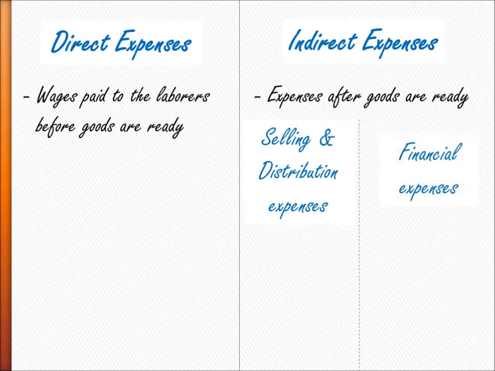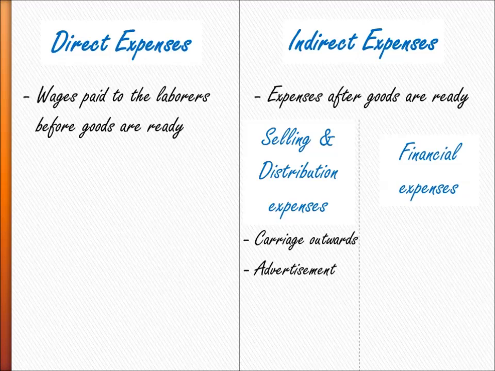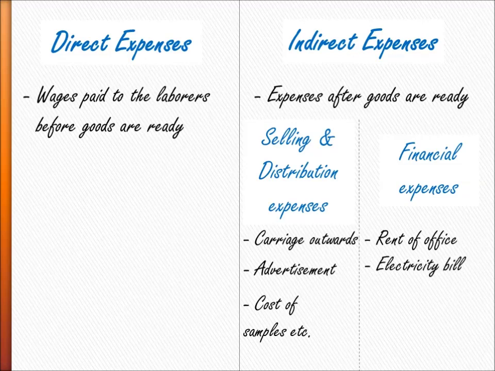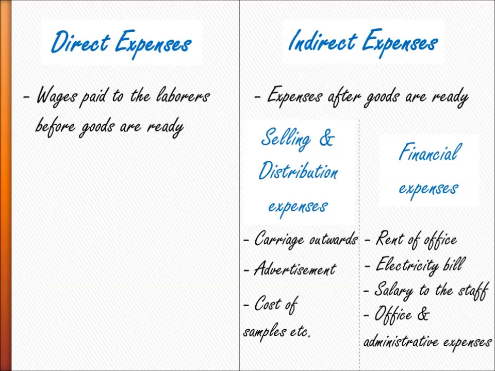Selling expenses, suppose carries outward, advertisement, the cost of the samples, etc. And financial expenses, suppose you have paid the rent of the office, electricity bill, salary to the staff. And third category is office and administrative expenses, means any expense related to your office or administration.